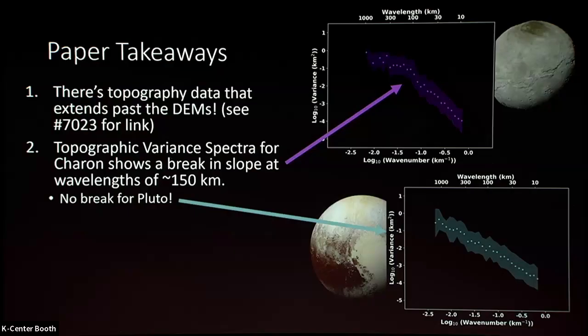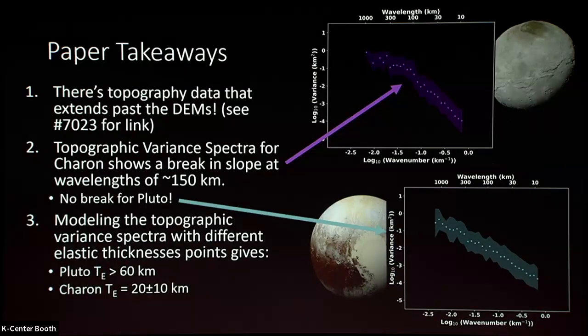And for the paper, we viewed this as a sign of a lack of support past 150 kilometers. So when Charon's topography, released topography that was captured in limb profiles, was being generated, topography that was wider than 150 kilometers either sank or filled in slightly because Charon's ice shell could not support topography that high, right?